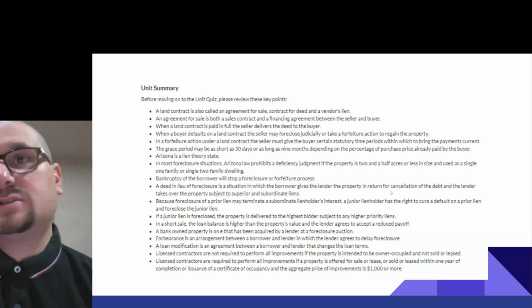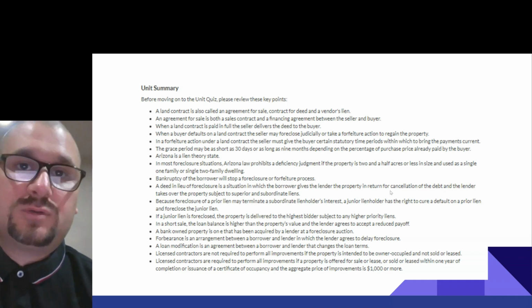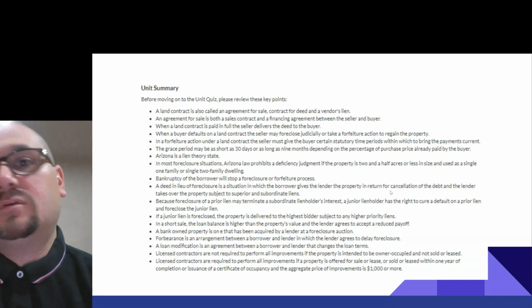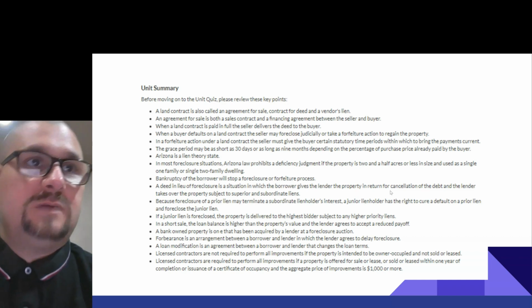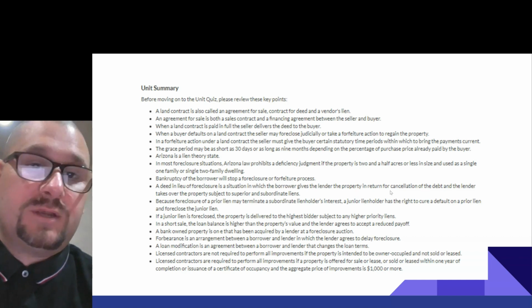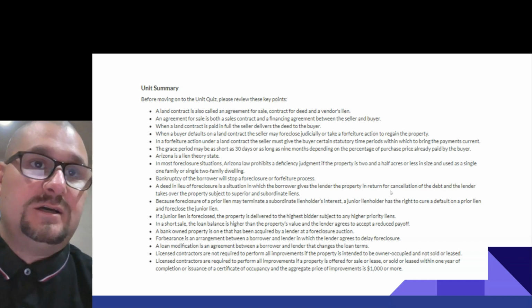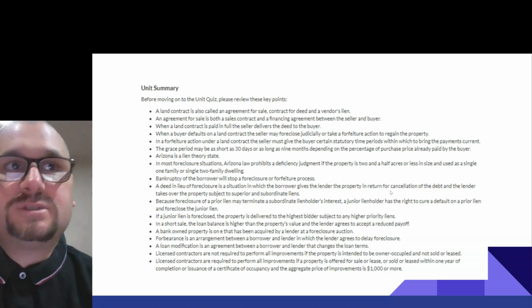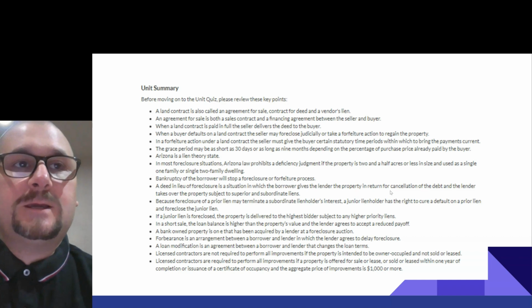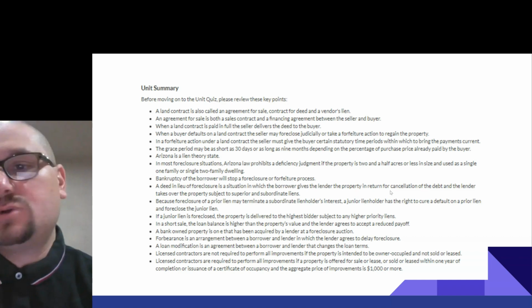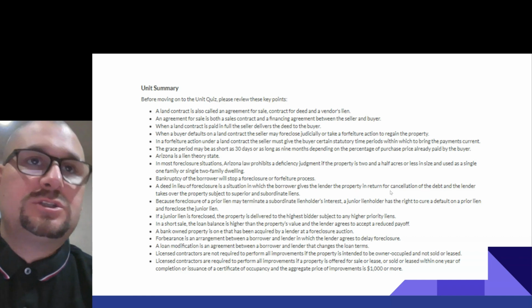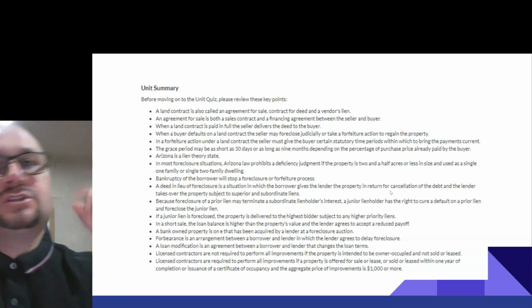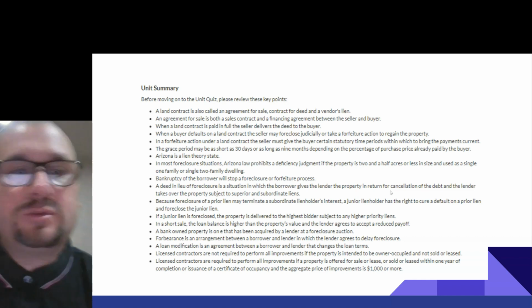You could do a short sale, and the bank has to agree to sell it at 100 grand and take a loss of about 100 grand, because you owe them too much money. That's what we call a short sale. Think of it as being short on the payments to own the property.